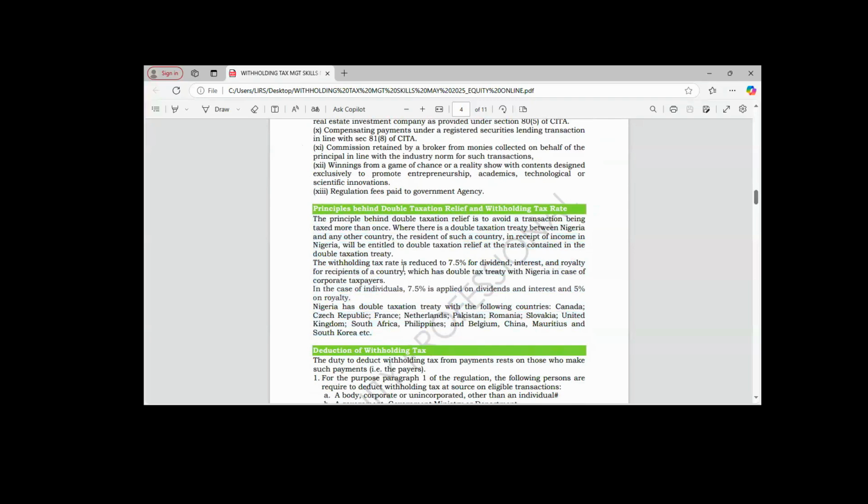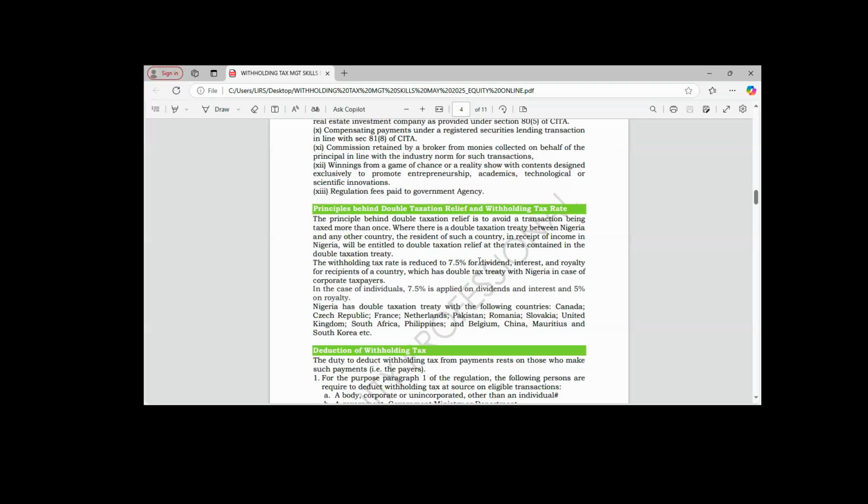In order to encourage non-residents to invest, because most of the transactions that will attract this withholding tax are investment income, in order to encourage them to invest in Nigeria, the government decided to reduce the withholding tax rate for some categories of income. So for non-residents, this is in order to increase investment.